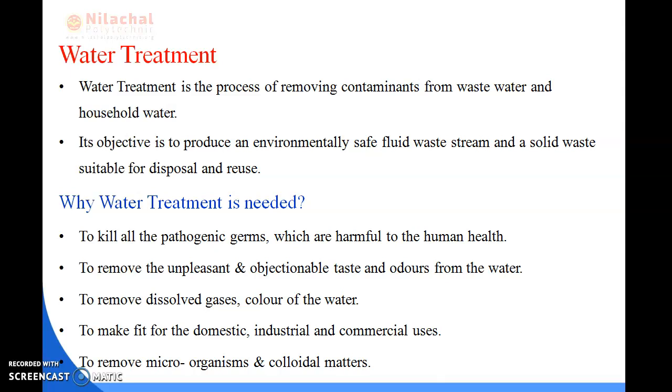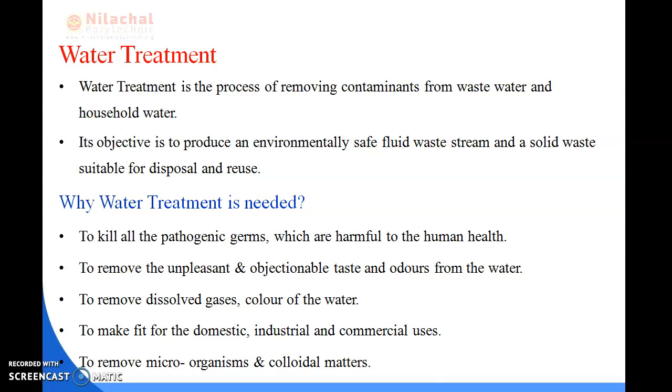Okay, so first is to kill all the pathogenic germs which are harmful to human health, to remove the unpleasant and objectionable taste and odor from the water, to remove the dissolved gases, color of the water, to make feed for domestic, industrial and commercial uses, to remove the microorganisms and colloidal matters.